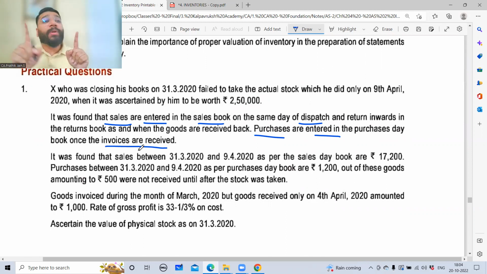So sale is linked with delivery, which means if delivery happens, sale. No delivery means no sale. But for purchase, this is not the rule. For the purchase, they're telling that if I receive the invoice, I'll record the purchase. Receipt of the goods is immaterial. Like that, the policy is being stated. Here, like that, any policy is being stated.